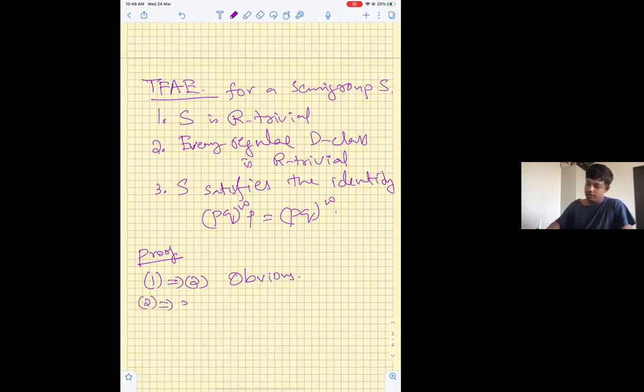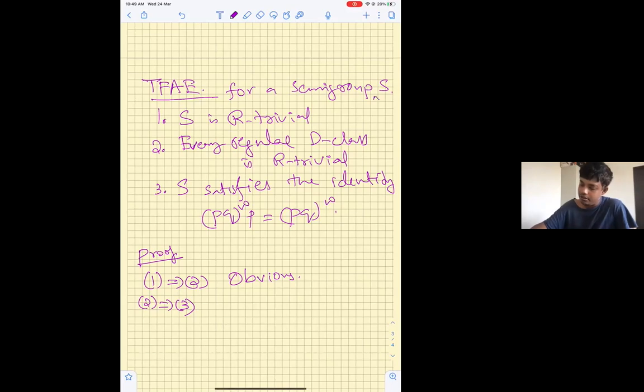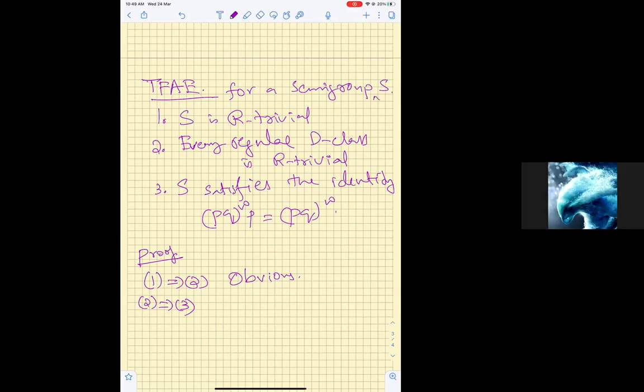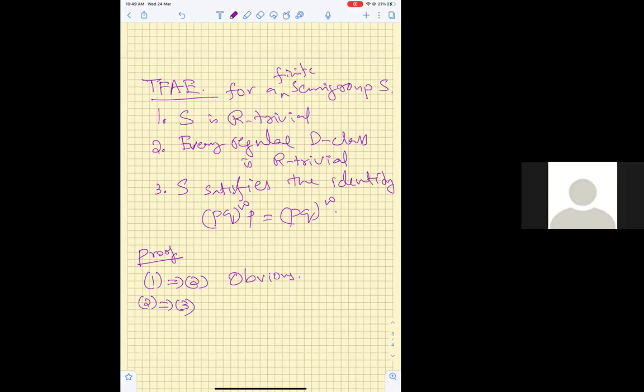2 to 3 is, Sir, just one question. Since we're using the idempotent power here, we're working with finite semigroups, right? Yeah, finite semigroups. Sorry. I don't know if it will hold for infinite semigroups, because probably it won't hold for infinite. Why did you say it should be finite?